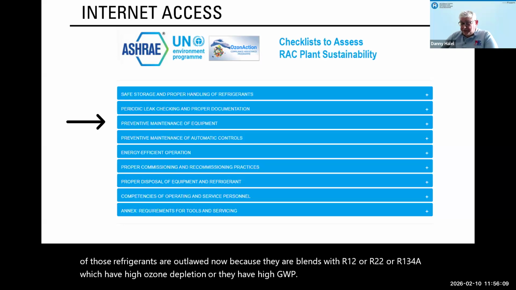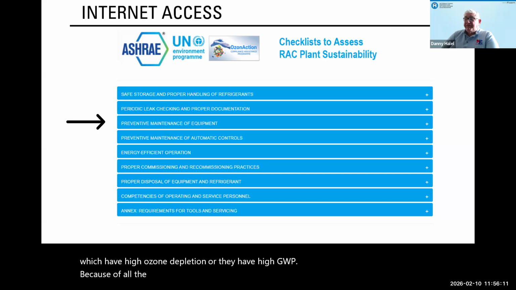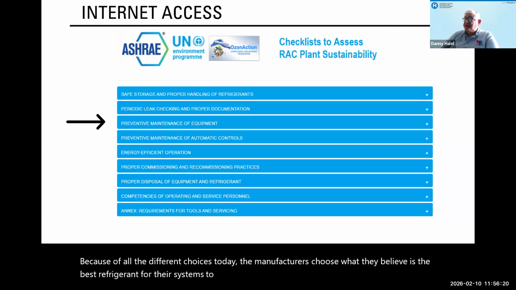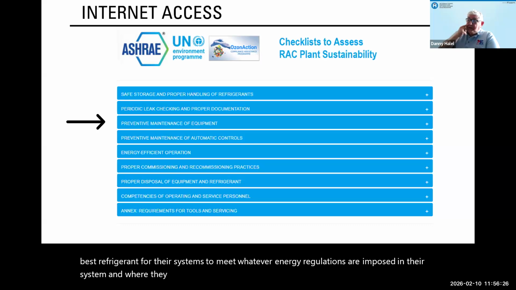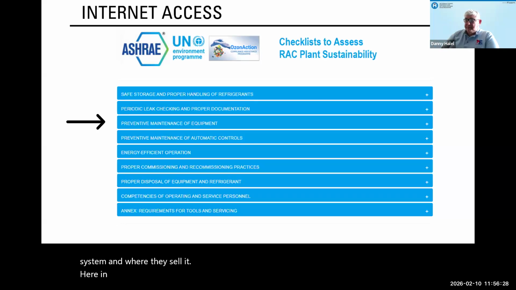Because of all the different choices today, the manufacturers choose what they believe is the best refrigerant for their systems to meet whatever energy regulations are imposed in their system and where they sell it. Here in the U.S., 20 years ago, prior to 2010, if you had a residential air conditioner, it had R22 in it.